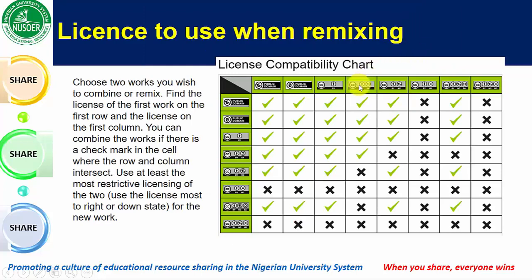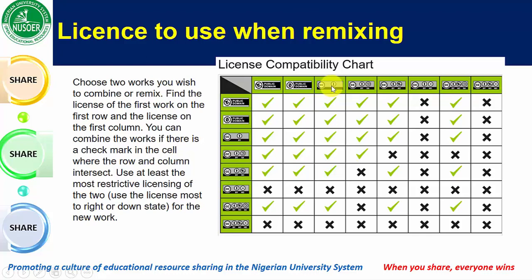Now if you are remixing, there's also some kind of general rule. If, for instance, Professor Obafemi's book is licensed as CC BY, and I'm mixing something from Jegede and Okebukola, assume that article is put in the public domain.